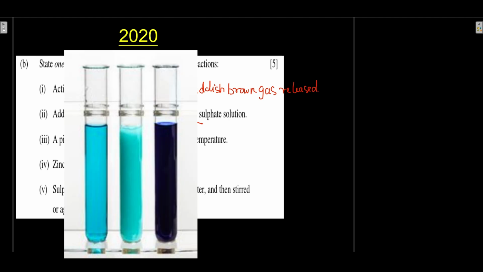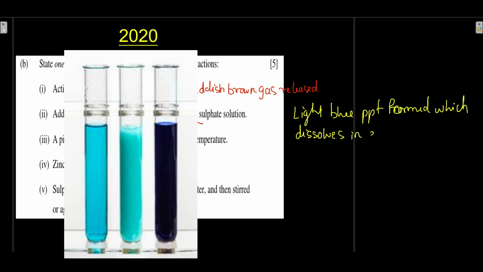So you have to write initially light blue precipitate formed which dissolves in excess ammonium hydroxide solution. Ammonia solution forms deep blue solution.